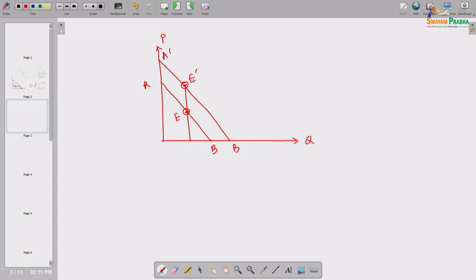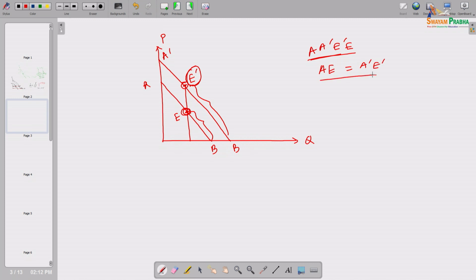Definitely elasticity at E prime is more, because the numerator for E prime is more than the numerator for E, but the denominators are the same, because A prime, E prime, E, A is a parallelogram, so AE and A prime E prime are the same.